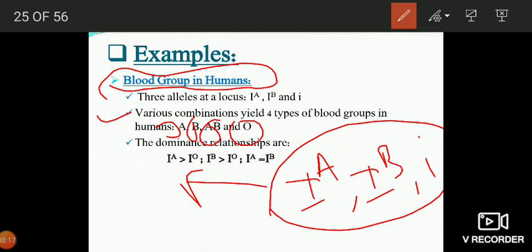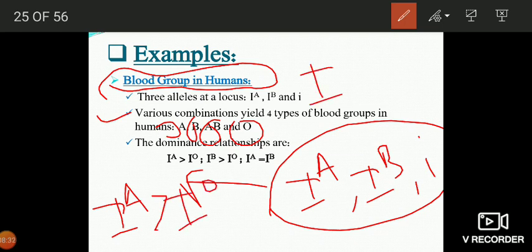4 types of phenotypes are possible in case of blood group in humans, and the dominance relationships are IA is dominant over IO. I have already told you that, and IB is dominant over IO, and IA equals IB.